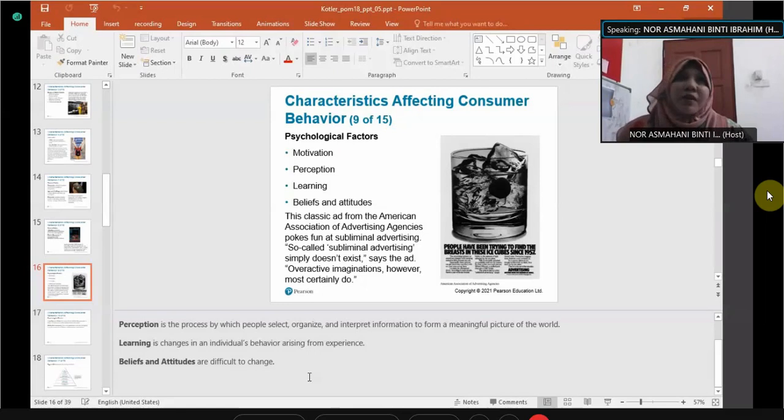Some of you said maybe the products from other countries good, right? By looking at the brand or I mean the origin of the country of the product, you have some attitudes dah, right? Origin baru I cakap, belum lagi the other factors, the features, the designs, what else, right?